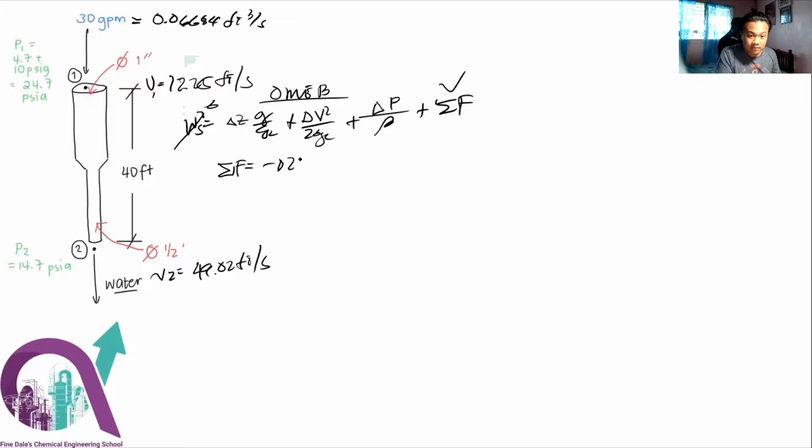So we now have negative g over gc. g over gc here is just 1, because they are the same value.